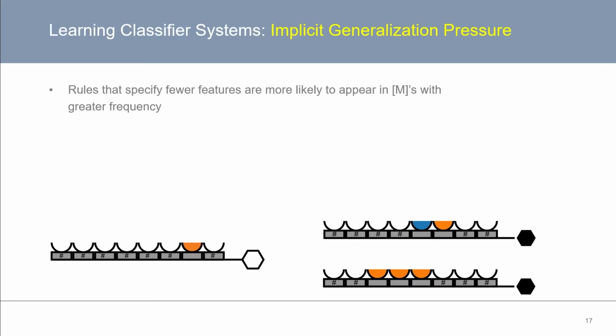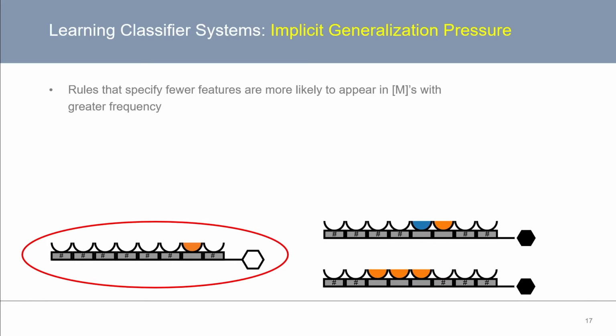Now let's take a quick moment to explain the implicit generalization pressure that LCS algorithms have, but that most other algorithms do not. At the bottom of the screen, we have a few example rules that each specify a different number of feature values. Rules that specify fewer features are probabilistically more likely to appear in match sets with a greater frequency.